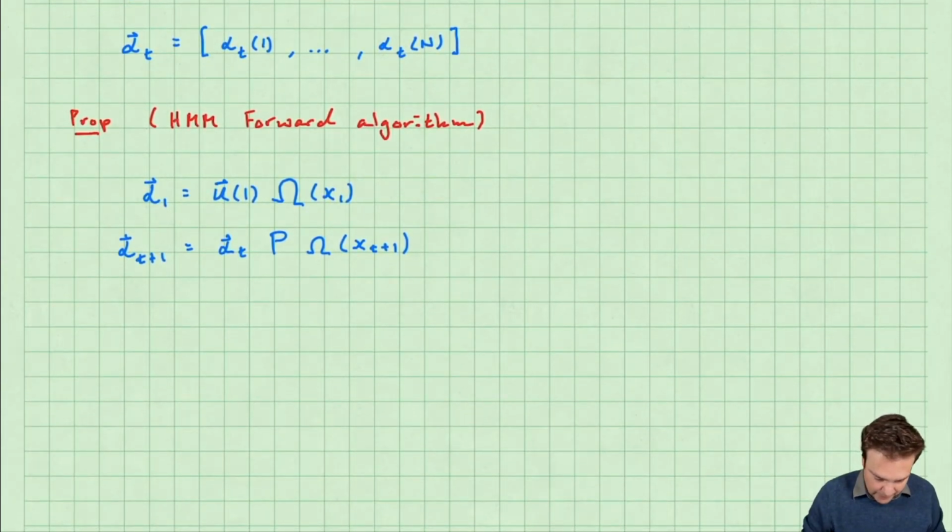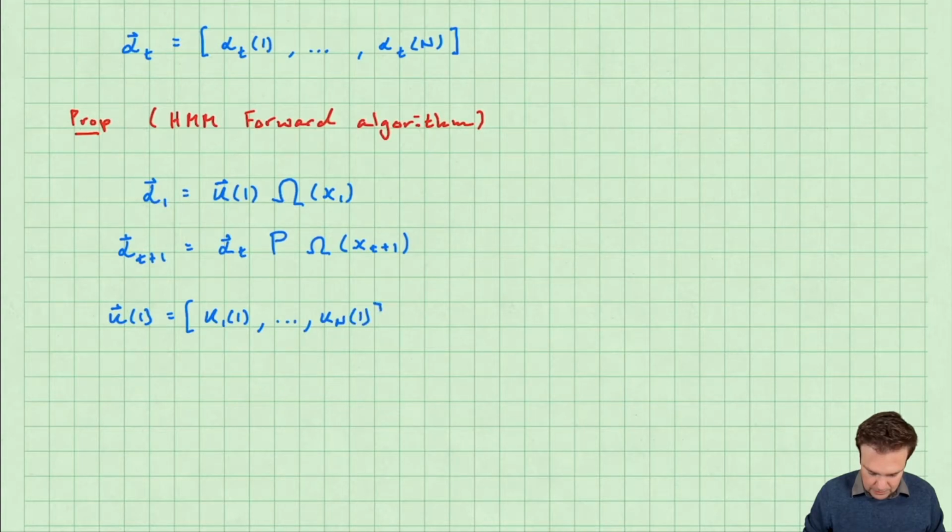So just as a reminder, here u1, this thing is just a vector. It looks like this, u1,1 up to u1,n, one for each state, one for each value that the Markov chain can take.